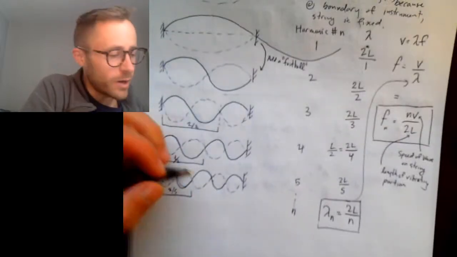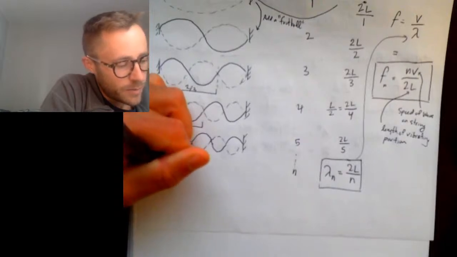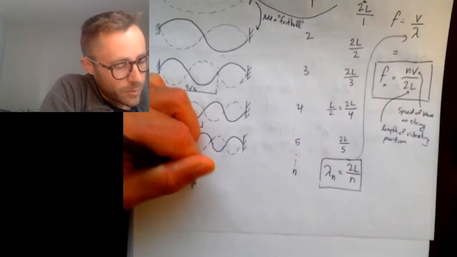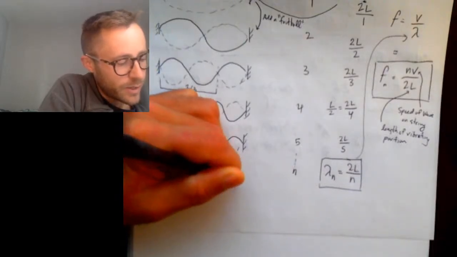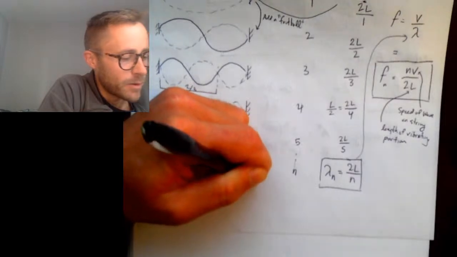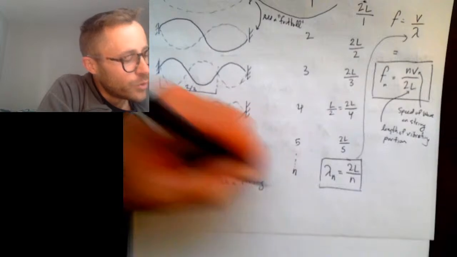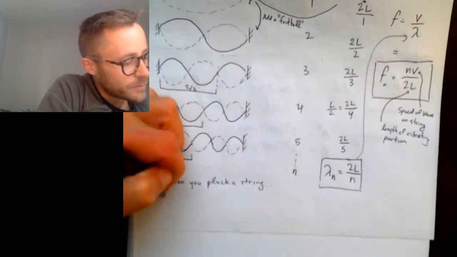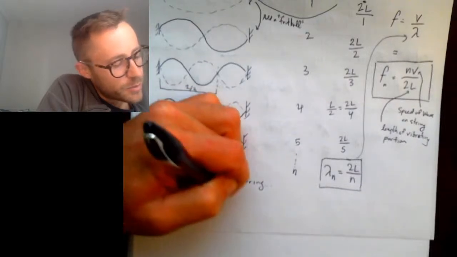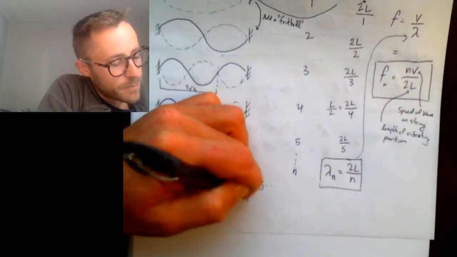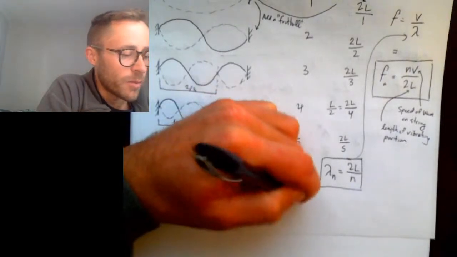So when you pluck a string, or bow a string or whatever, you create a superposition of all the harmonics.